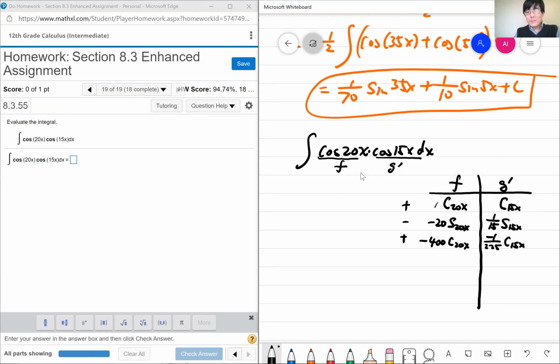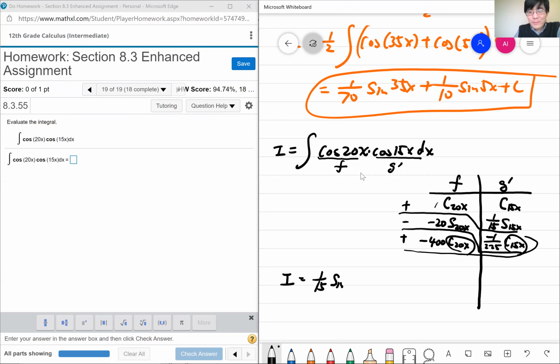And plus minus plus. Do you see like this become this plus this plus integral of this one where you see the original expression appears. So using the table, let's say this is I. So I become 1 over 15 sine 15x cosine 20x, which is this piece. And the second term is minus times minus times minus, which is minus 20 over 225 sine 20x cosine 15x.